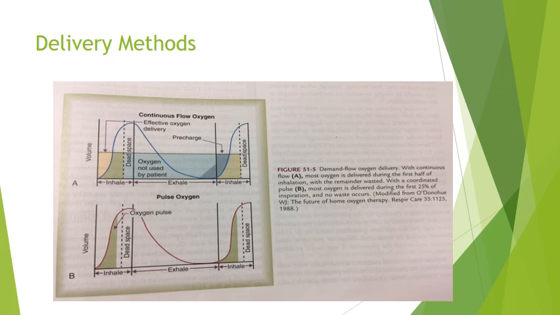With the demand oxygen delivery device, most of the oxygen with the continuous one is delivered on the first half of inhalation, with the remainder wasted. With coordination of the pulse, most of the oxygen is delivered during the first 25% of inspiration. As you can see from the diagram, there's no waste occurring with that type of method.